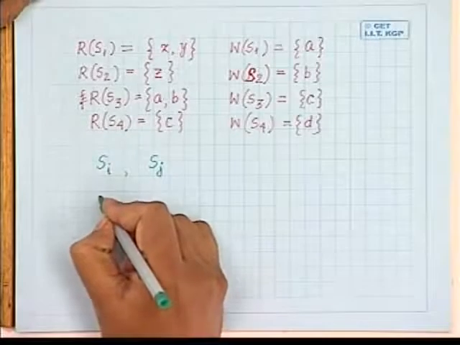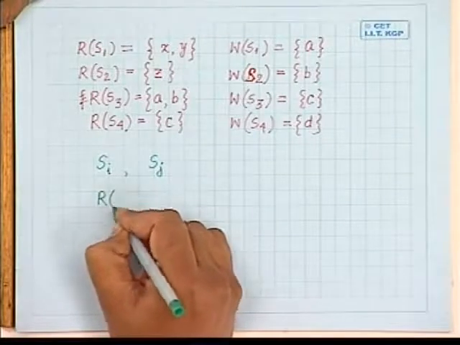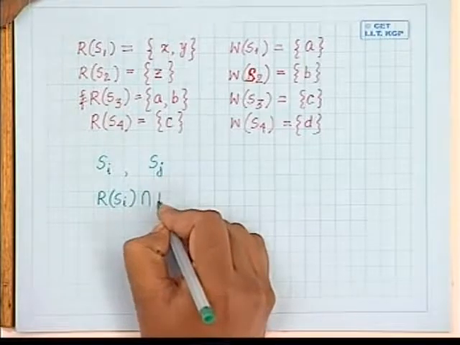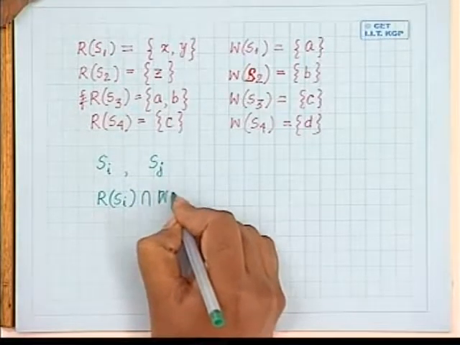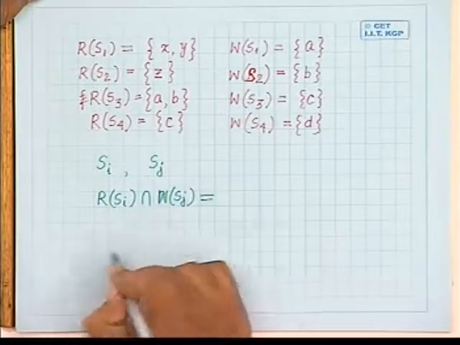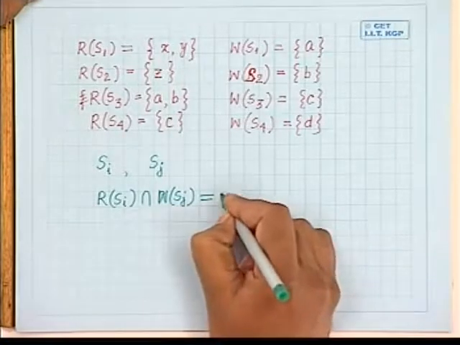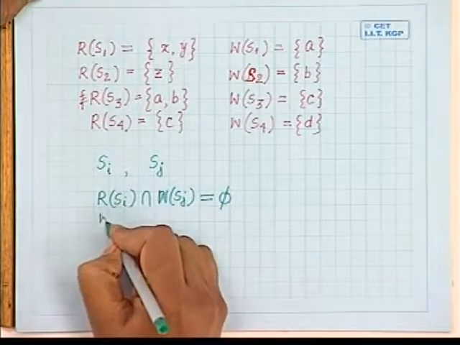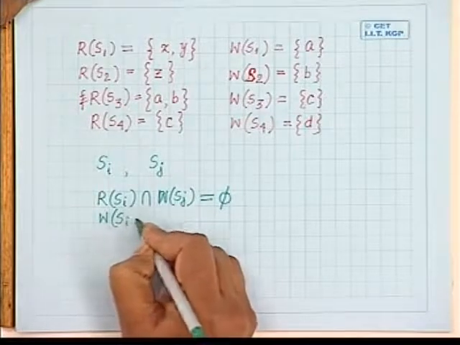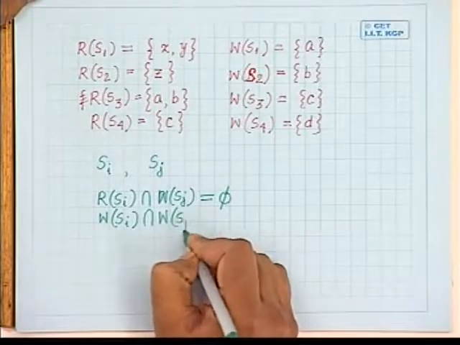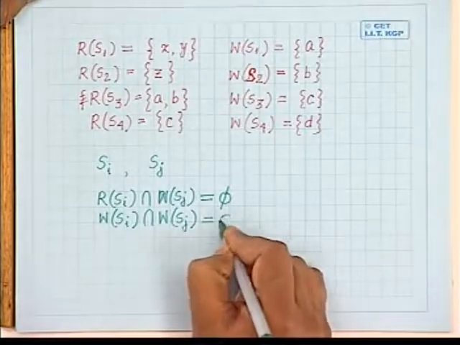So the condition of concurrency will be that the read set of Si intersection with the write set of Sj should be null. Similarly, the write set of Si intersection with the write set of Sj should also be null.